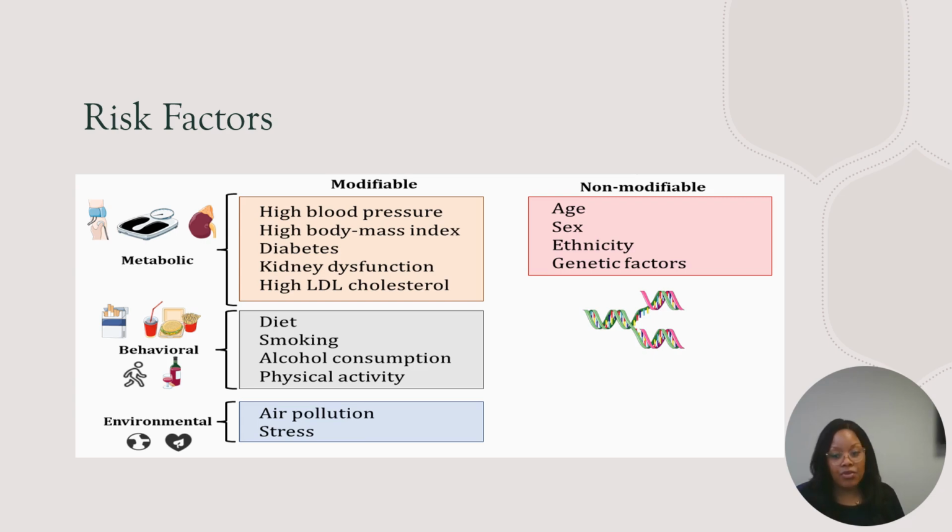All right, and how about their behavioral changes, right? Diet: when we talk about cholesterol, if a patient eats foods that are high in cholesterol, a lot of fatty food, all that can lead to plaque buildup in their arteries, right? How about smoking? Nicotine decreases blood flow and causes vasoconstriction while also increasing platelet aggregation.